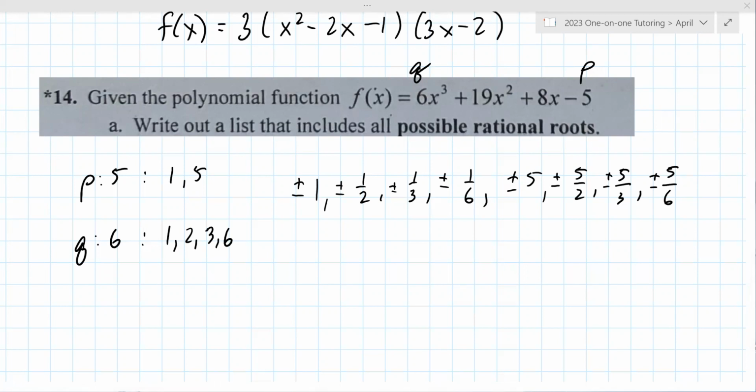Okay. So if you got Desmos up, maybe just graph this here, see what you come up with for your rational roots here.